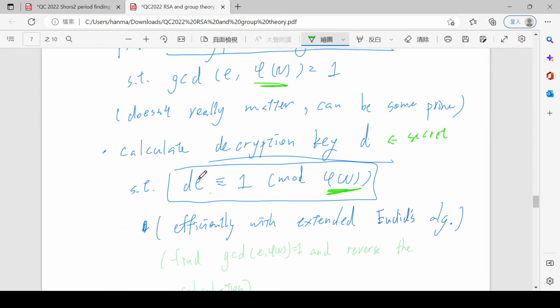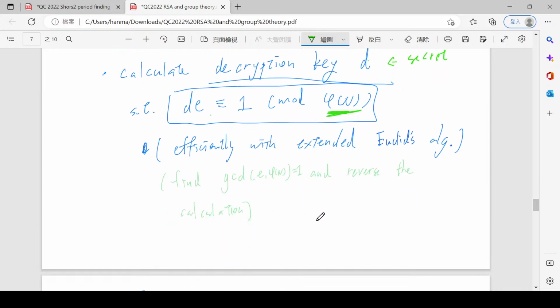And this can actually be done efficiently. So this is inversing. Order finding you cannot do efficiently, but inverse you can do efficiently. And we'll see this with an example later. Basically, you need to do the extended Euclid's algorithm.